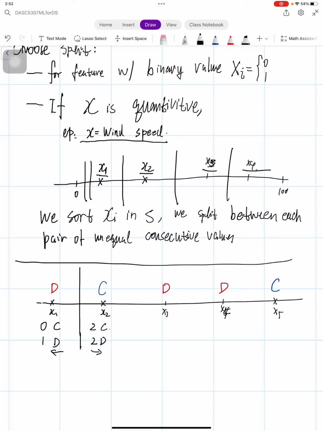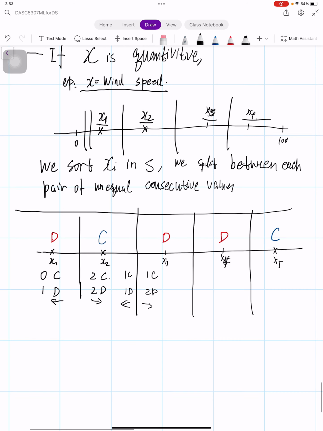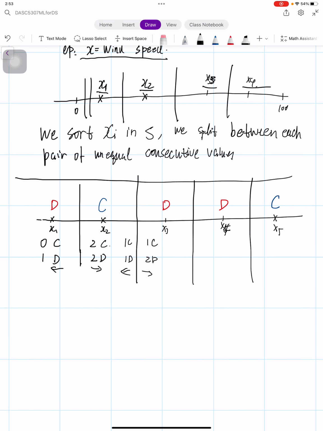If we choose the split this way, there's 1 C here and 1 C on the right hand side, and there's 1 D and 2 D. So when we find the middle point of each cut, we can calculate how many labels are on each side, and then we can calculate the entropy directly. So this is how the algorithm is implemented.